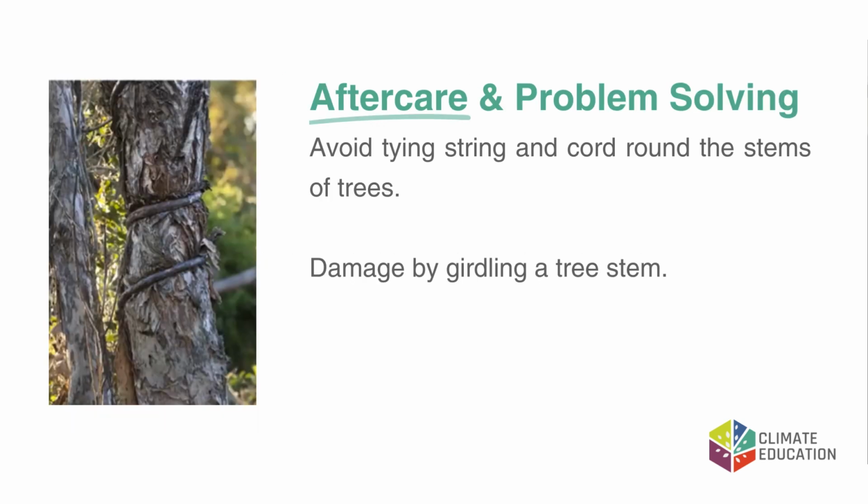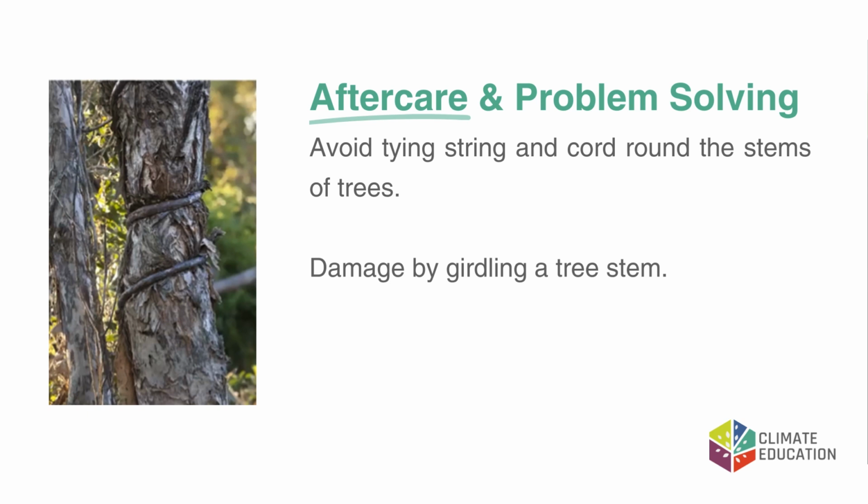On this image, you can see a tree that's been girdled, so something's been tied round the tree. Sometimes, in forest school activities, you can see where people have hung things on trees, maybe tree biscuits or different decorative things.